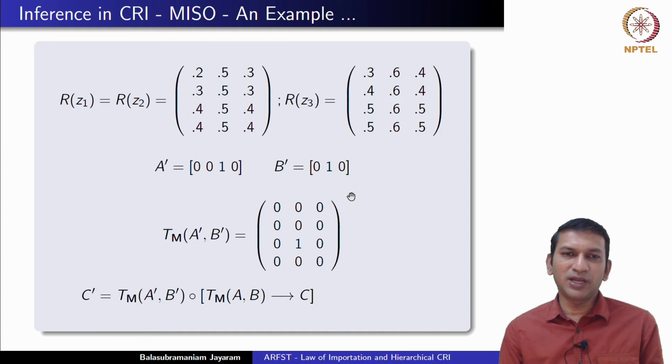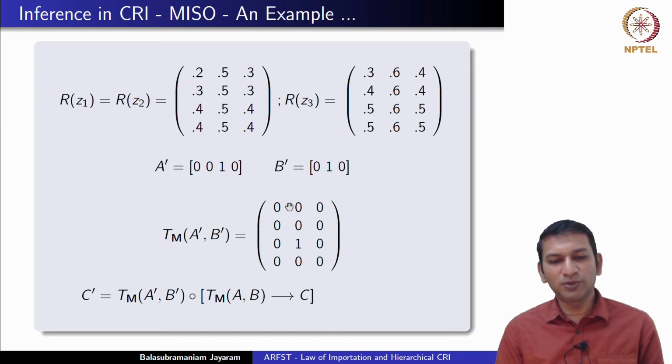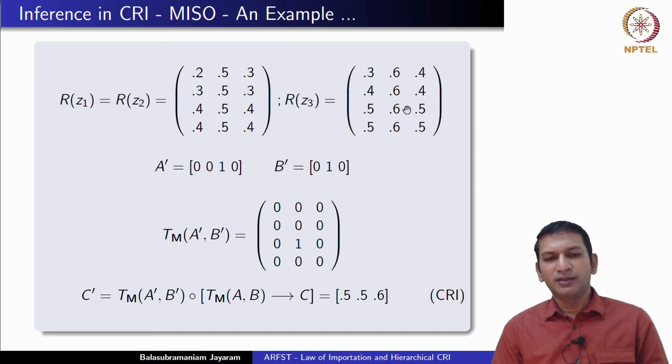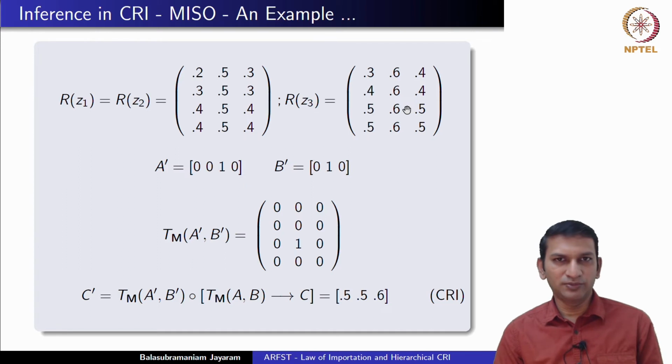So we keep that matrix on each of these sheets, do the component-wise min, and then take the max. Clearly only this element will come out because the rest of them will be 0. So 1 here, so only this component will come out: 0.5, 0.5 and 0.6. This is what we have seen. This is how we do inferencing in CRI when we have a single Mamdani rule.